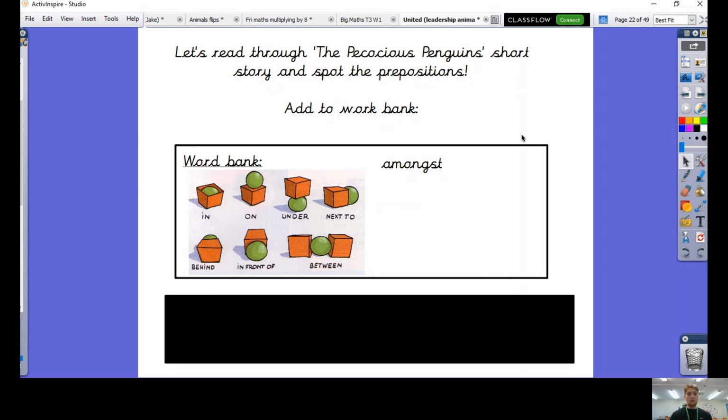So I'd like you to make one in your book, write word bank, and then you can also copy some of the ones already on here. So pause the video and do that now. And then we're going to read the Precocious Penguins short story. And I would like you to see if you can see any more in there and write them down in your word bank as well. So pause the video, write down the words, and we can read through the story afterwards.